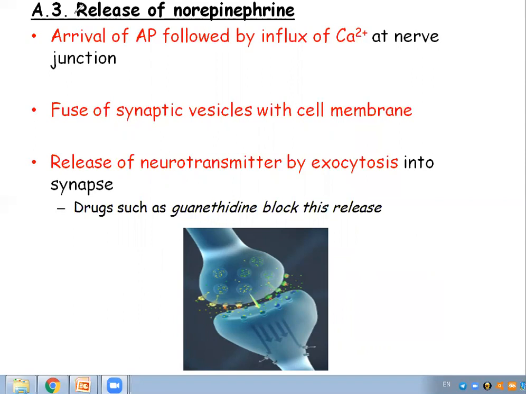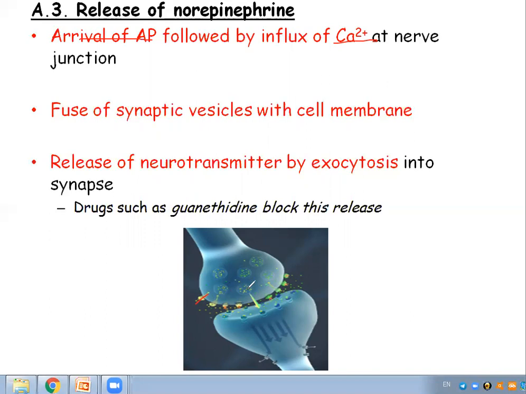This transport requires the arrival of an action potential, followed by an influx of calcium ions. At the nerve junction, from many sides, as you can see, the calcium enters, stimulating the vesicle to be transported.